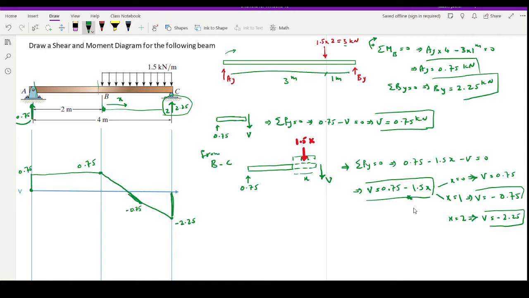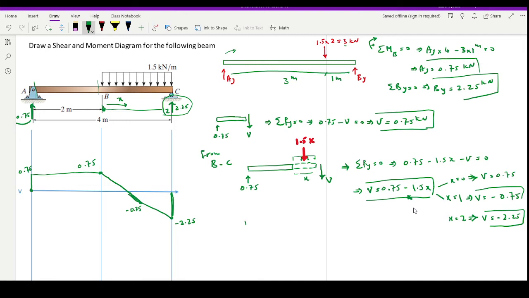On the other hand, for the left side, for point A, you can see that value and sign for shear and support reactions are the same. For the right side, value is the same, sign is the opposite.